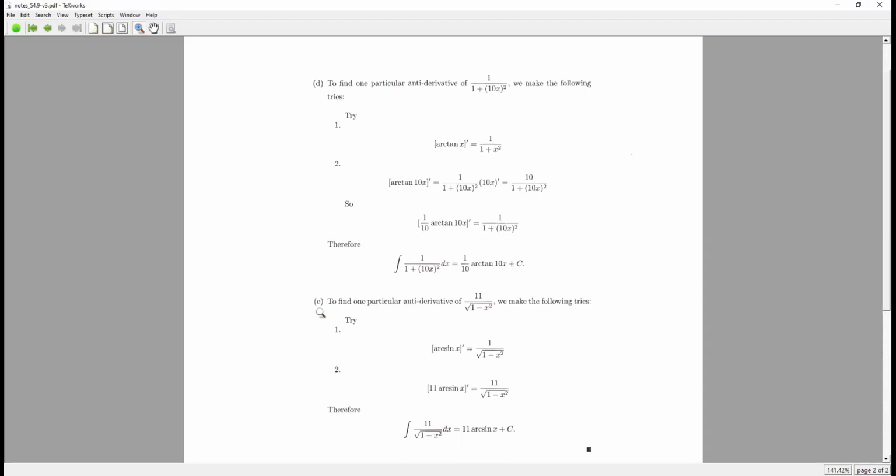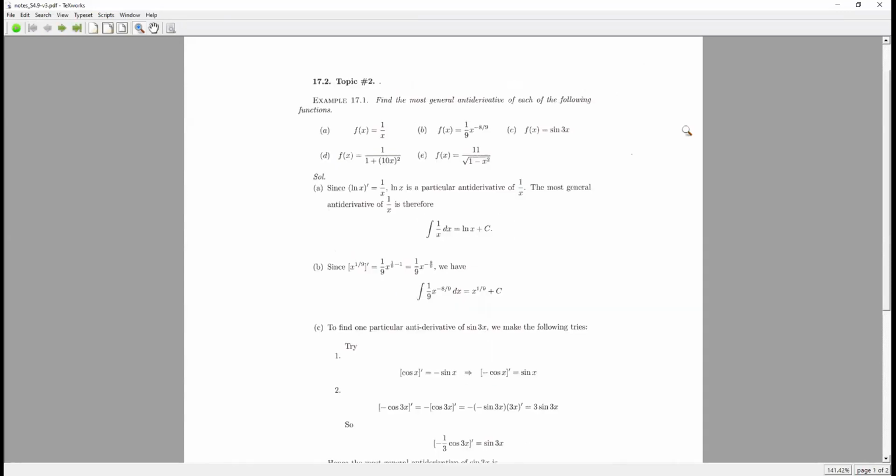Now, part E. The function in part E is this function. We need to find the most general antiderivative of this function, or we need to find the indefinite integral of this function.